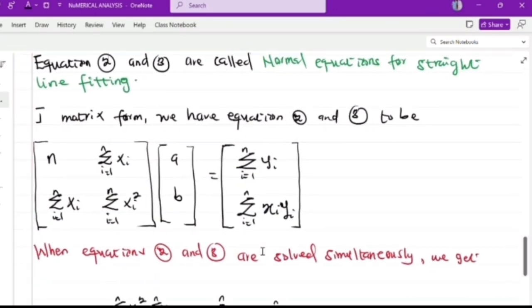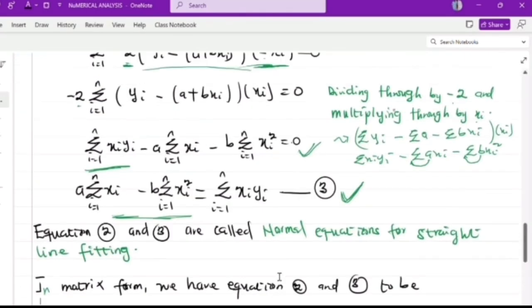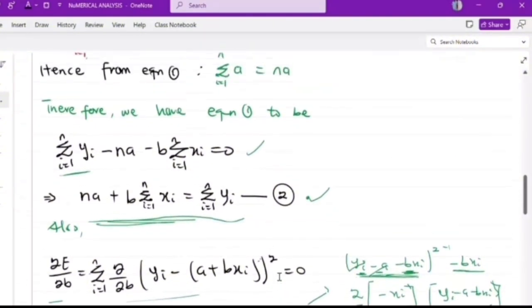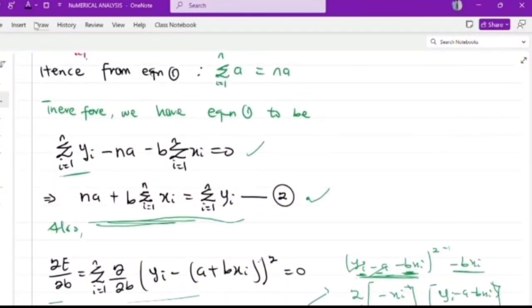Now, in matrix form, we have equation 2 and equation 3 to be this in matrix form. So you can see that in equation 2 we have N A plus B summation of xi is equal to summation of yi, right?